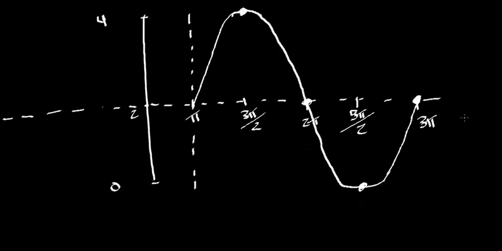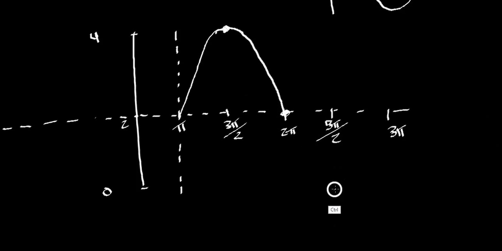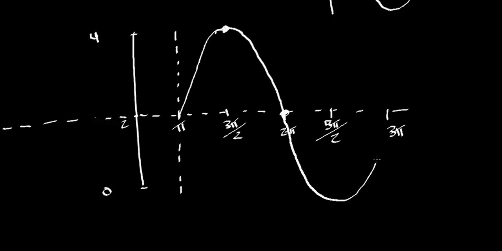Okay, so our graph, I really don't like this, I'm sorry, I have to change it. You know what, imagine this is 0. Okay, imagine this is 0. So it could match up to this.